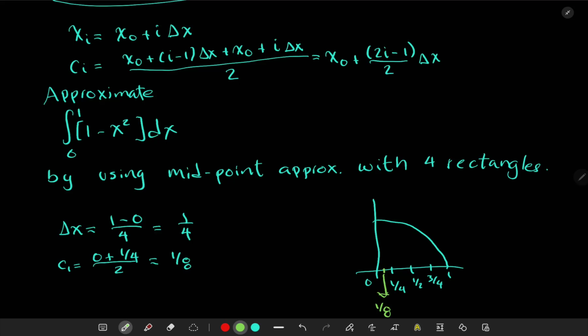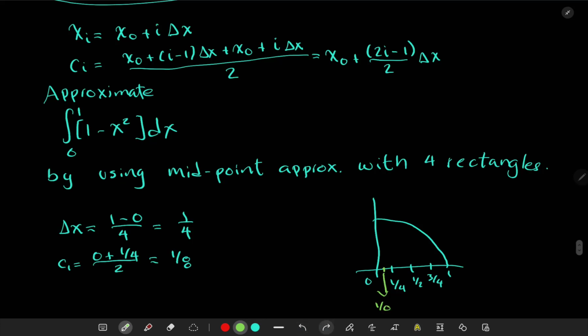That's a pretty terrible arrow. Okay, I made it even worse. Let's see where it was. So 1/8. All right. So c2 will be the average between 1/4 and 1/2, so 1/4 plus 1/2 all over 2.